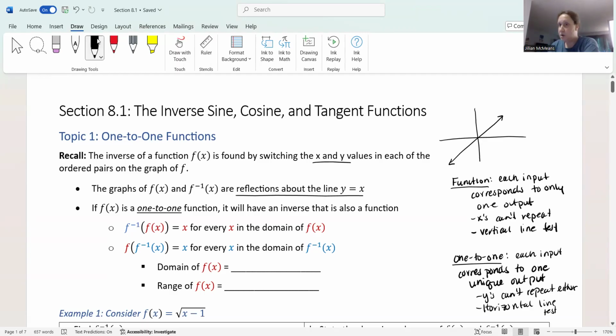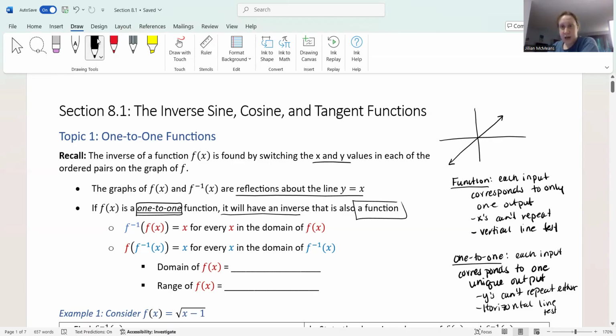Understanding this is important because if f of x is a one-to-one function, it will have an inverse that is also a function. When we swap out the x's and y's, the resulting situation is also a function.